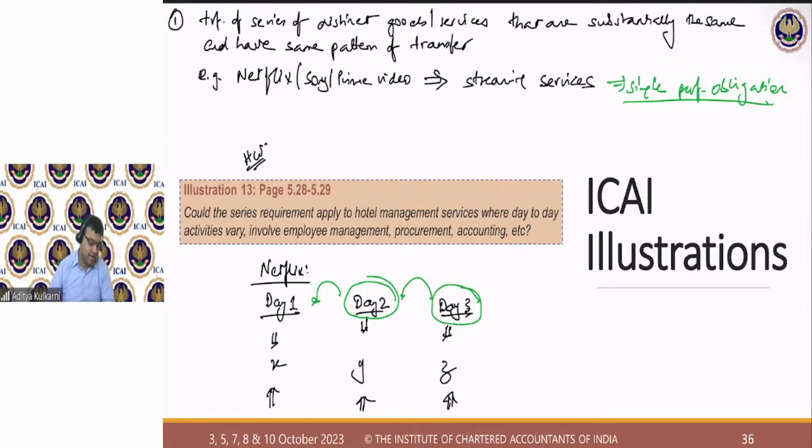Since the services are the same, it will be regarded as a single performance obligation. Have you understood? Take manpower supply services. You give manpower. Whatever service you give today, you will give the same service tomorrow, and the same service on the last day. You are giving the same services, and therefore it will be regarded as revenue at the end.